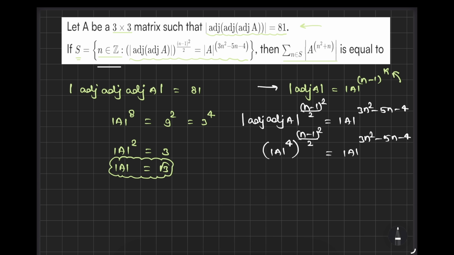Now power to the power will be multiplied, so can I write this thing will become 2, so it will become... now we can also compare the power. Okay, so I'm comparing the power, so 2 times (a squared plus b squared minus 2ab) equals 3n squared minus 5n minus 4.